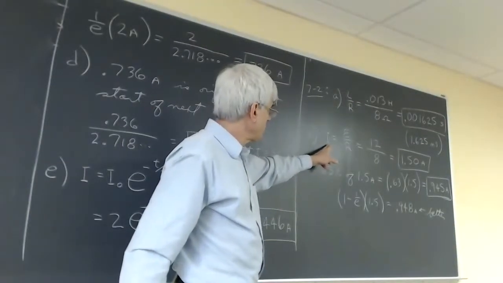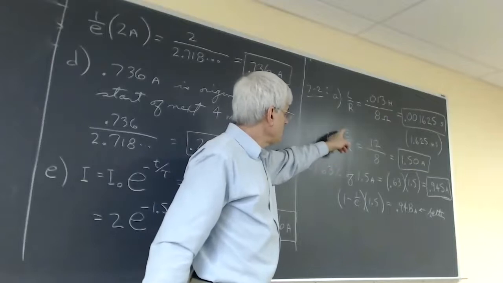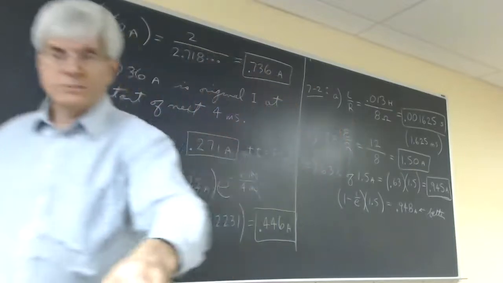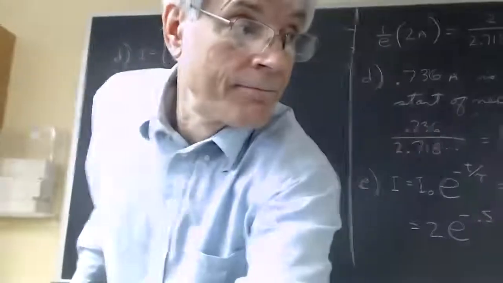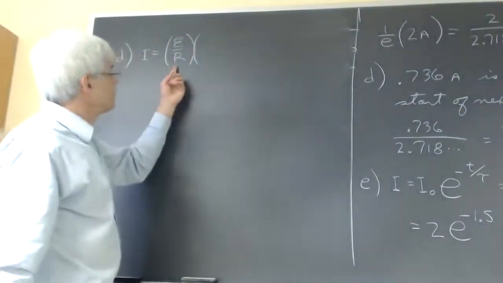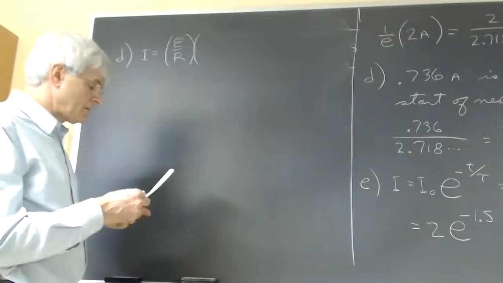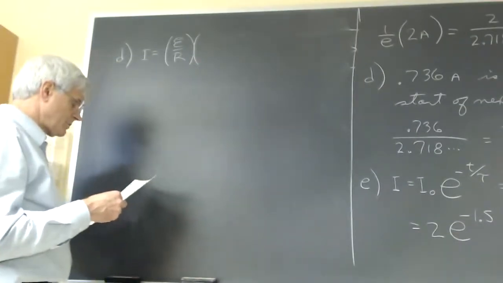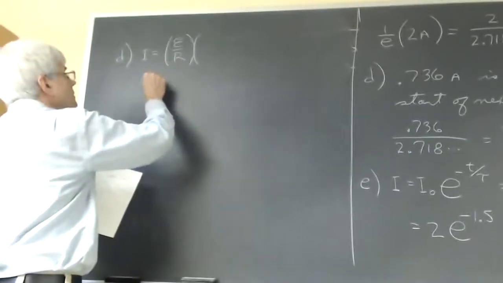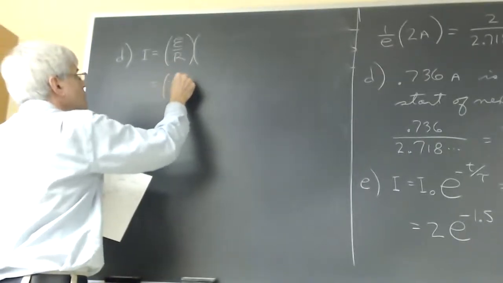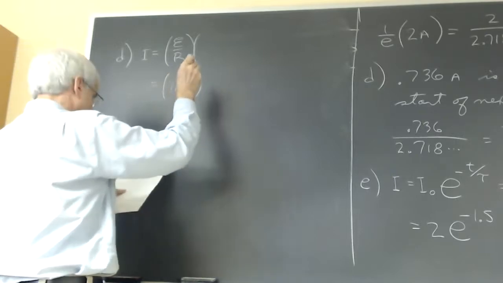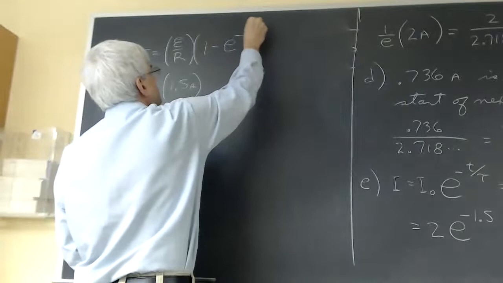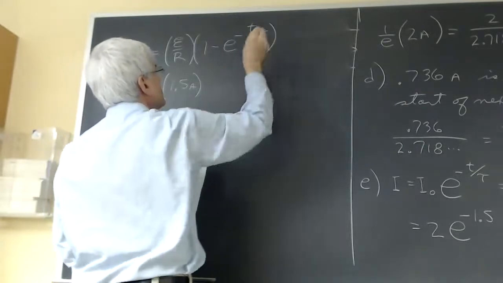That was the answer to part B, okay? E over R, that's Ohm's law, I equals E over R. So this factor here is the final current that you approach as time becomes very large. The rest of the formula is 1 minus e to the negative t over tau.